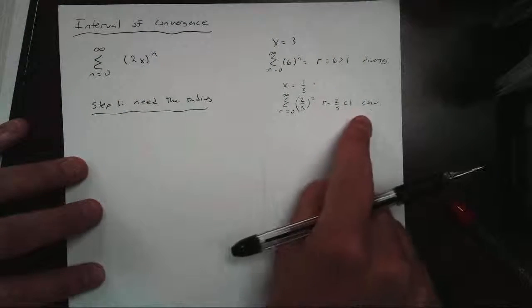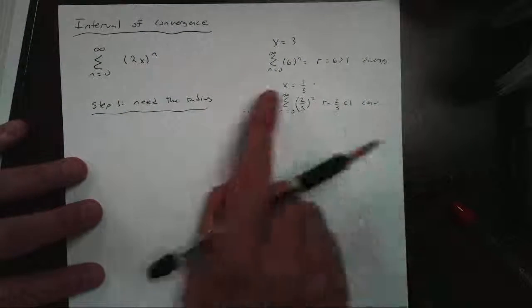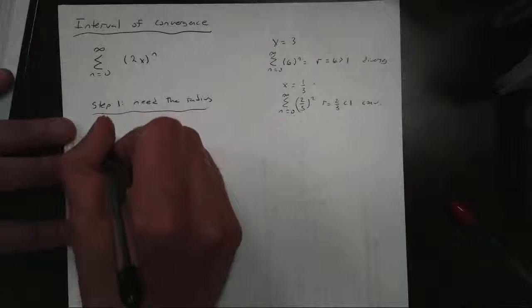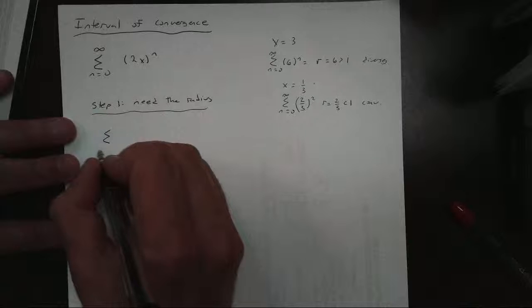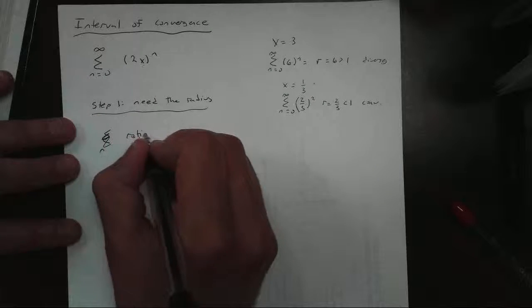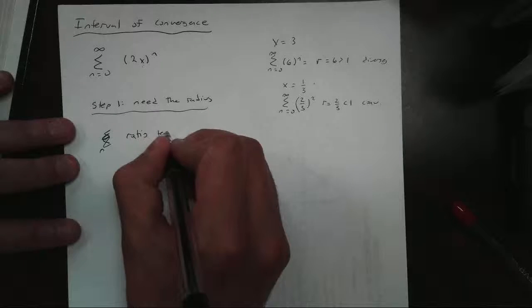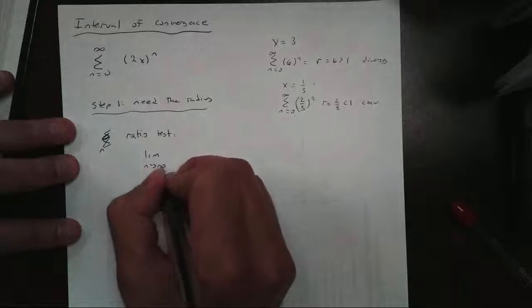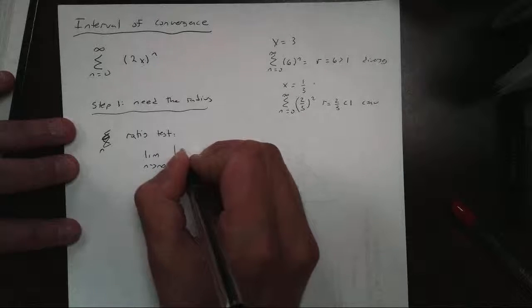Well, we want convergent. So to answer this, we first need to find that radius of convergence. Now, to get the radius of convergence, we use the ratio test. We take the limit as n goes to infinity of the next term.